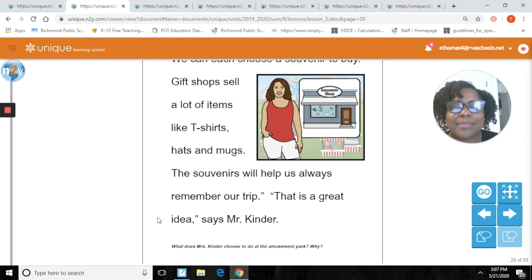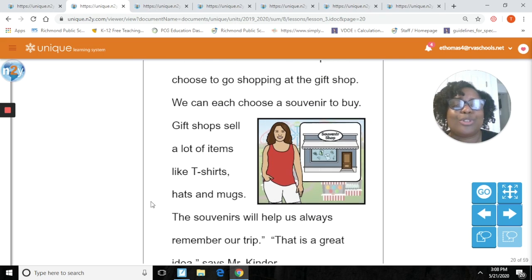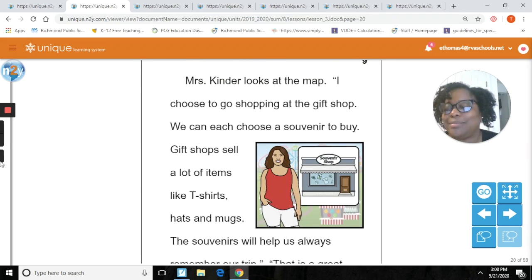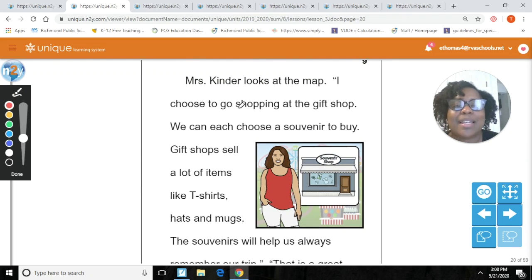"That is a great idea," says Mr. Kinder. All right, now what did Mrs. Kinder choose at the amusement park? This is what our question says here. What did she choose? She chose to shop. And Mrs. Kinder and I think alike because I love to shop too. She says, I'm going shopping at where? The gift shop.